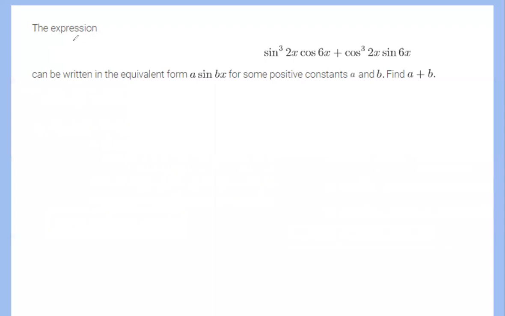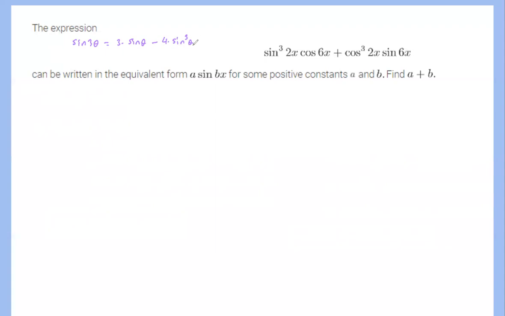But if you remember the previous two identities that we just got, the first one was sine 3 theta equal to 3 times sine theta minus 4 times sine cube theta. So in this identity, we do have a cube.